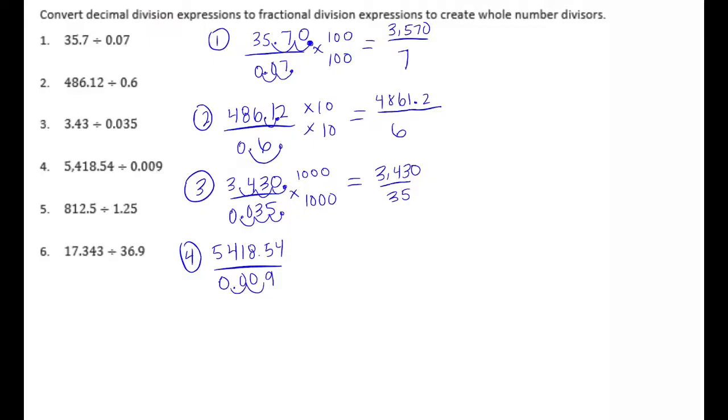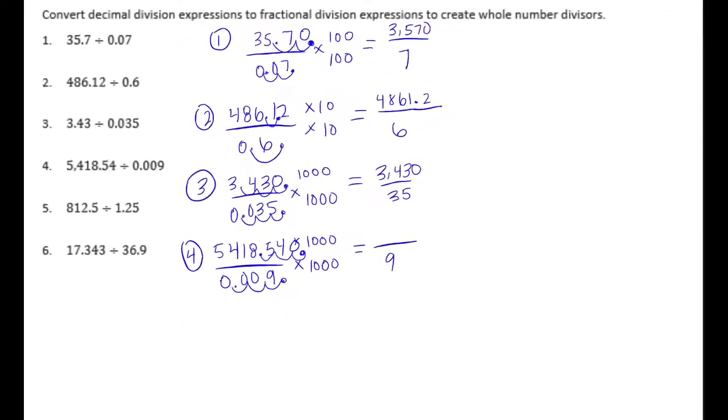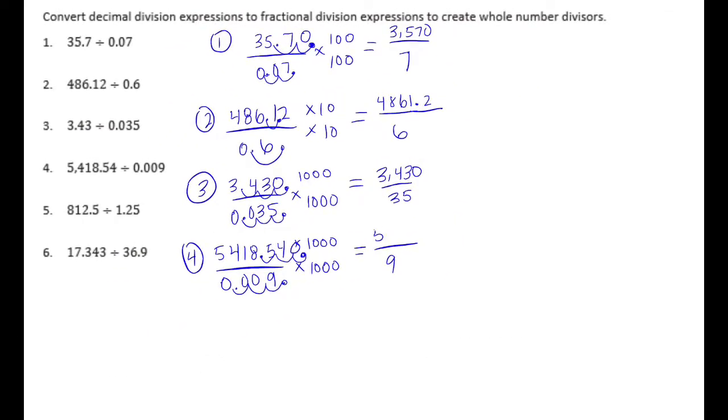So I need to move 1, 2, 3 places. 3 places would be 3 powers of 10, or 1,000, to make that 9. And if I move this 1, 2, 3 places, I'll need a 0 there. So it's 5,418,540 divided by 9.